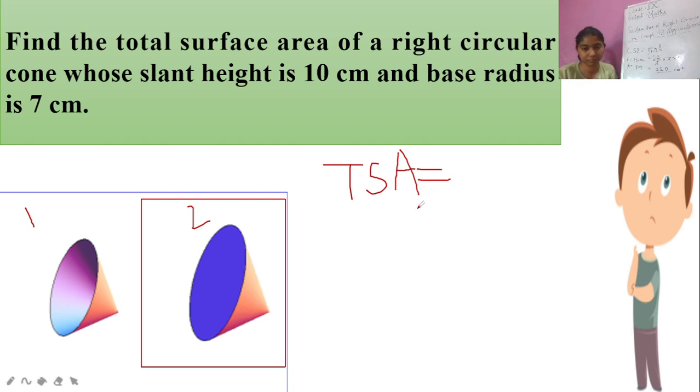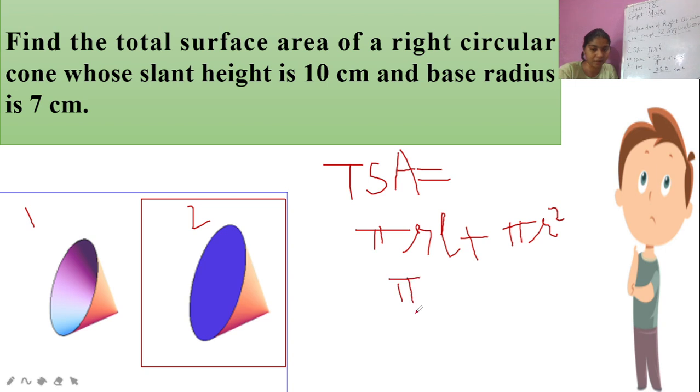Yes, that is the curved surface area, that is pi r l, and we require one more, that is pi r square, right? So we will take some terms common and simplify it, that is pi r into l plus r. Okay, so this is the formula for the total surface area.